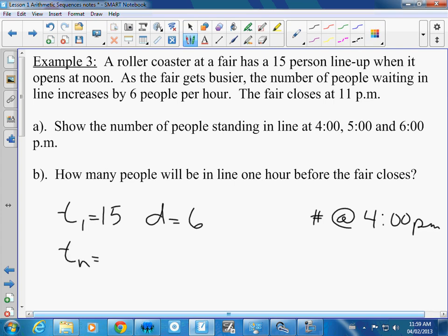Isn't that what we're looking for? The number of people? What the heck is N? So, you think N is 4. Why did you think it was 4? Just tell me why you thought it was 4. No, it's 4 o'clock, isn't it?